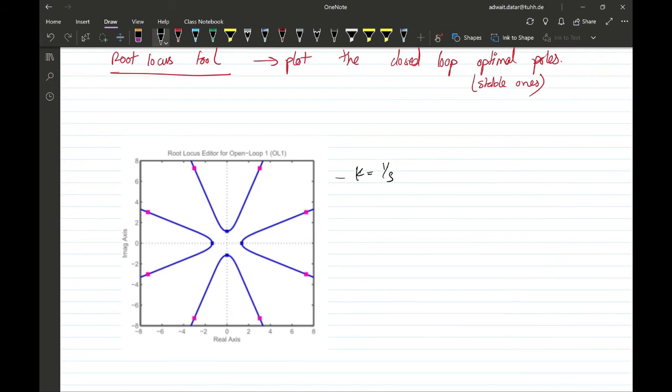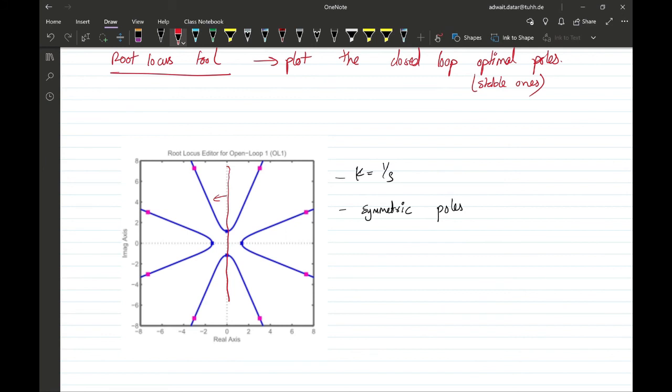Note that we have symmetric poles, and that is because we're plotting the poles of the Hamiltonian, which are symmetric about both axes. So what we know is that the stable poles, that is the poles on this side of the complex plane, are the optimal closed loop pole locations for a particular value of rho.